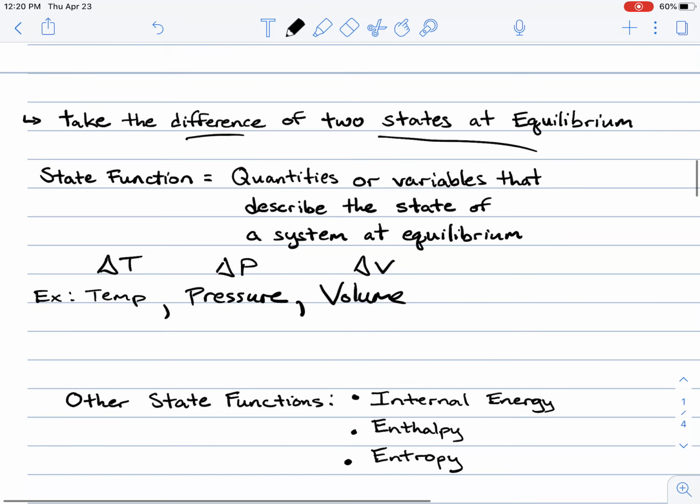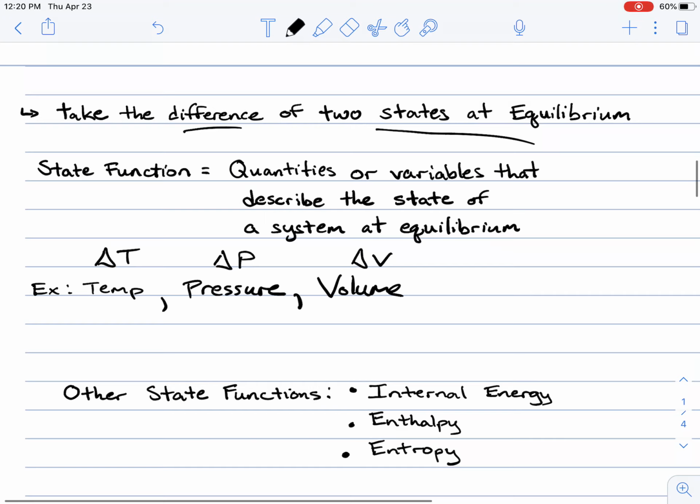Now, the state functions that we are going to look at, it's not so much temperature, pressure, and volume. We're going to look at internal energy, enthalpy, and entropy. And so these are new state functions that I'm introducing. Once again, these state functions serve as a descriptor for a system that's at equilibrium.